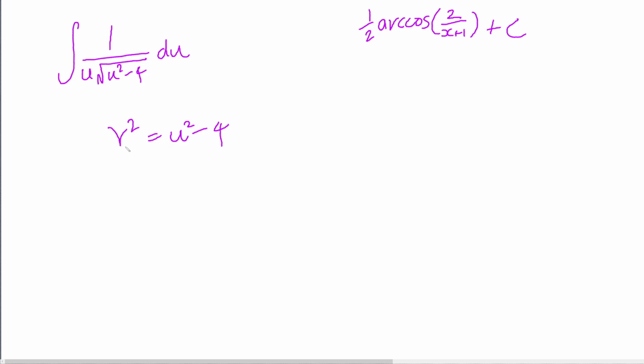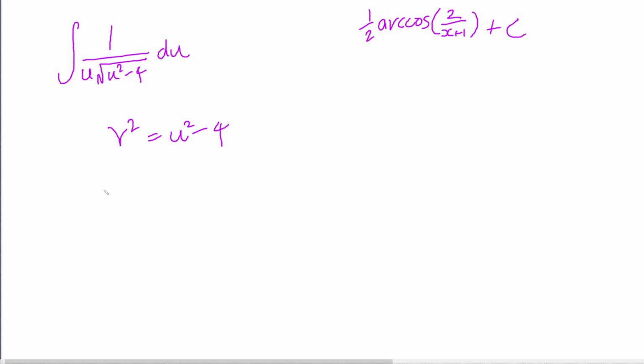So, say v squared is u squared minus 4. If we differentiate with respect to u, for instance, because we're trying to find the relationship between du and dv, the infinitesimally small changes in the variables u and v respectively, then through the rules of implicit differentiation, v is a kind of chain rule variable that we're using.